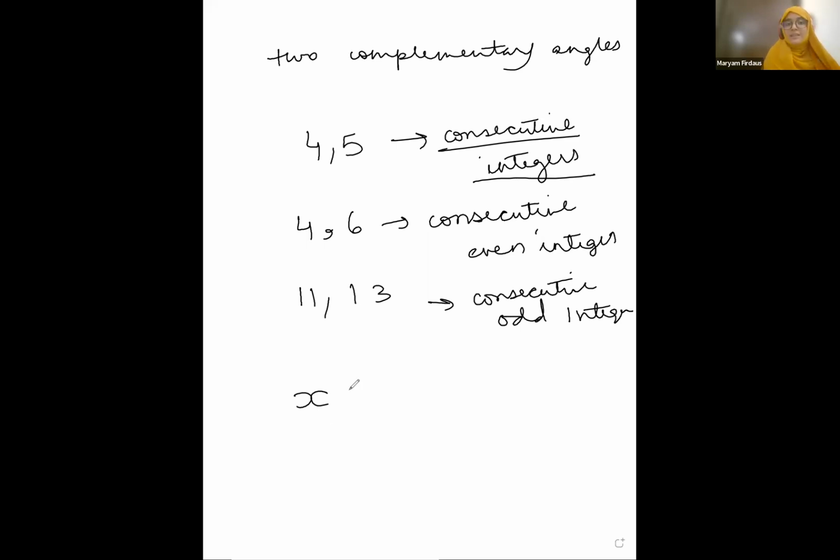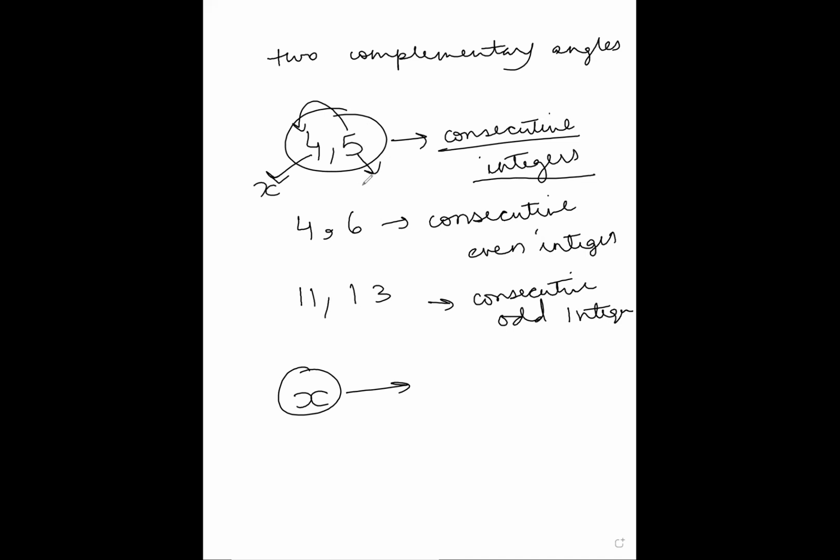So if one of them is x, then what is the other one? 5x. Yes, Hiba? No. If the first one is x, what is the other one? 2x. It is x plus 1, isn't it?